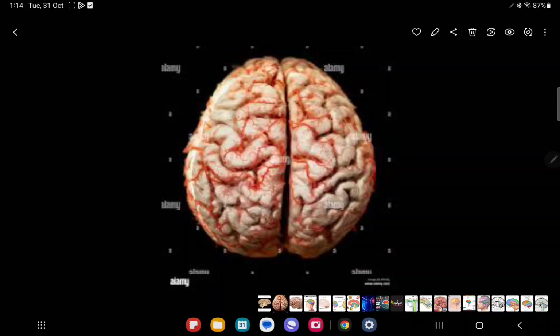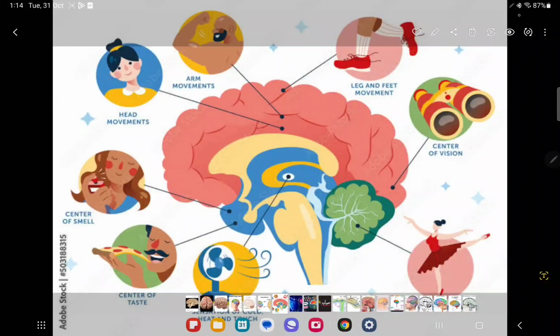The brain is the command center for the entire body. It makes us who we are. This particular organ receives all the information from our senses and controls our thoughts and also movements. Like, see, this is the center of vision.